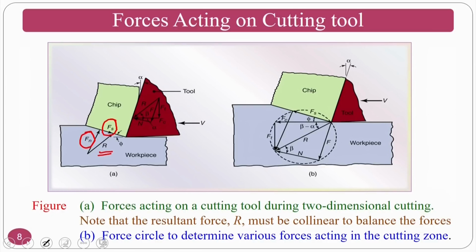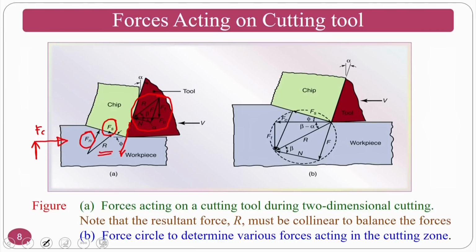Okay. Similarly, if you see here, it is in red color, so you may not see it properly. This force acting parallel to my rake face is nothing but the frictional force, and perpendicular to it will be the normal to the frictional force. At the same time, you have two forces, one is the cutting force, another one perpendicular to the cutting force is the thrust force.